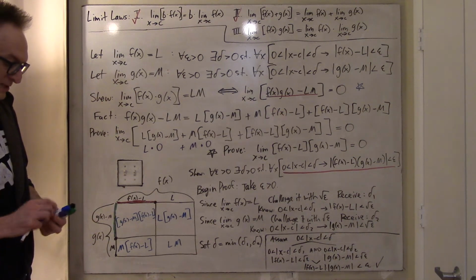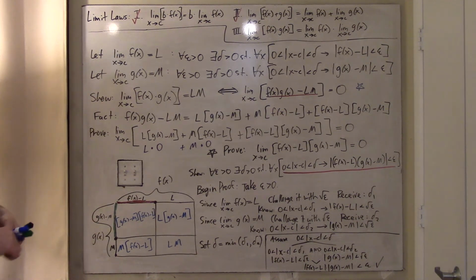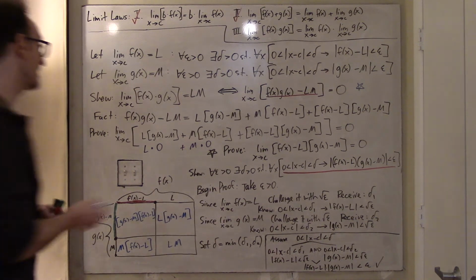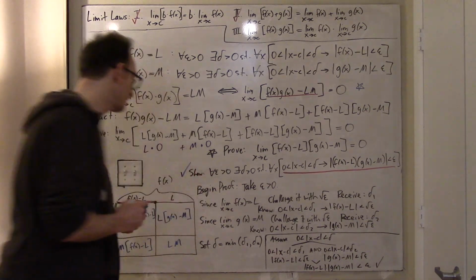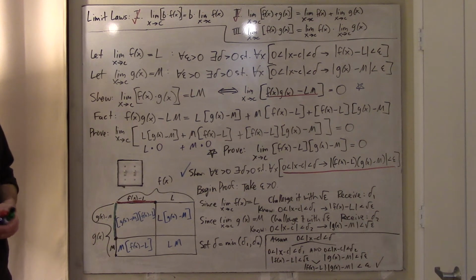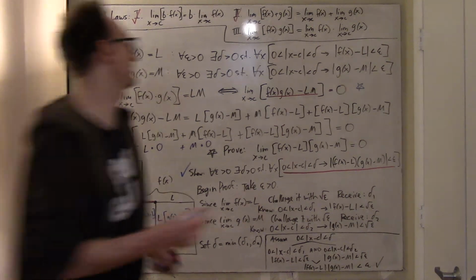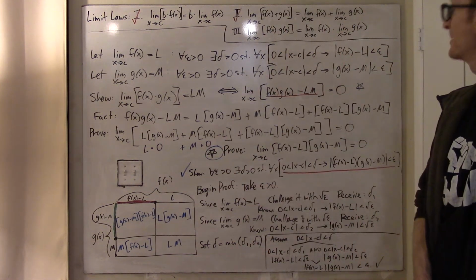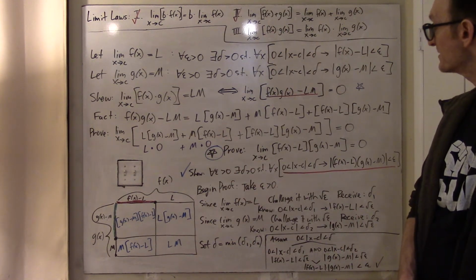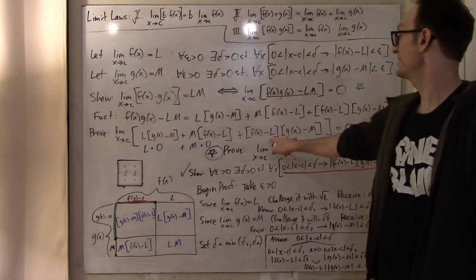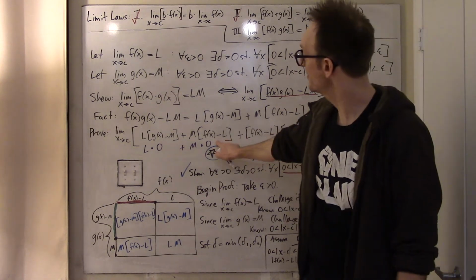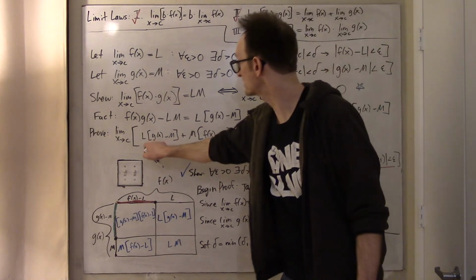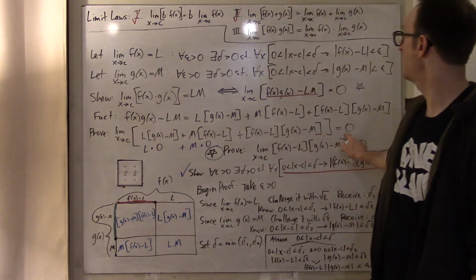Having proven this, just to reiterate, what have I actually proven? I've proven that this limit is 0. And since this limit is 0, and I already knew that this limit is 0 and this limit is 0, then the sum of all three of these must be 0.